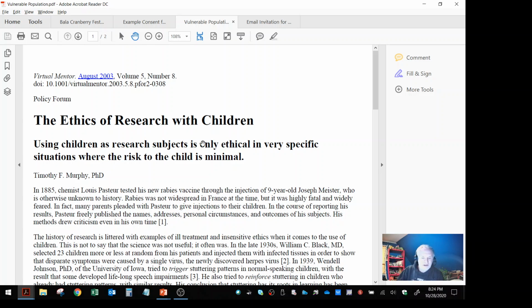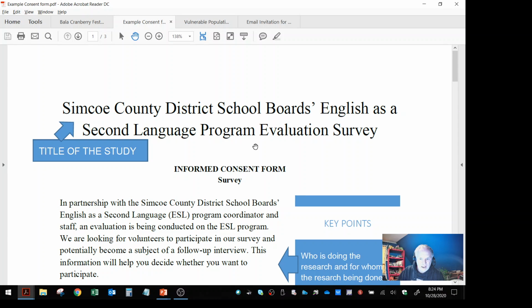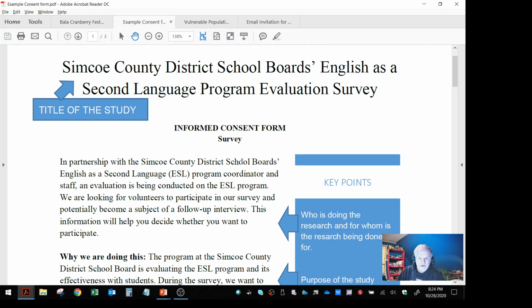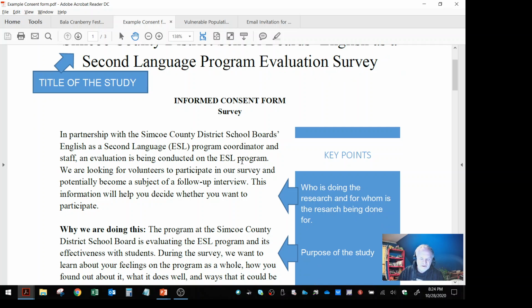This is the article on ethics with research in children you can look at. This is an example I will post for you to read. I've listed all the key points that are included in informed consent. This is one of the first pieces of information that you will give a potential participant or respondent to your survey, and ask them to review before they make their decision as to whether or not they want to participate in your study.